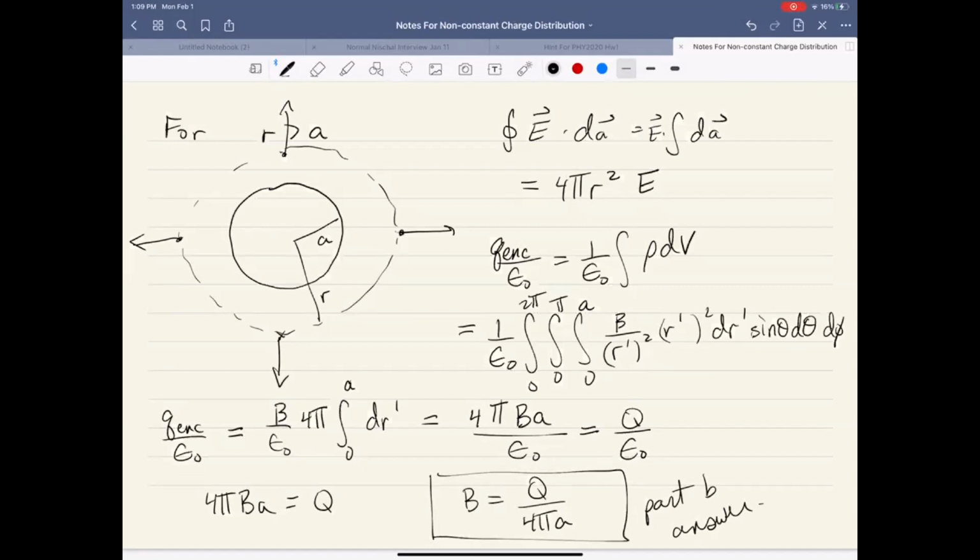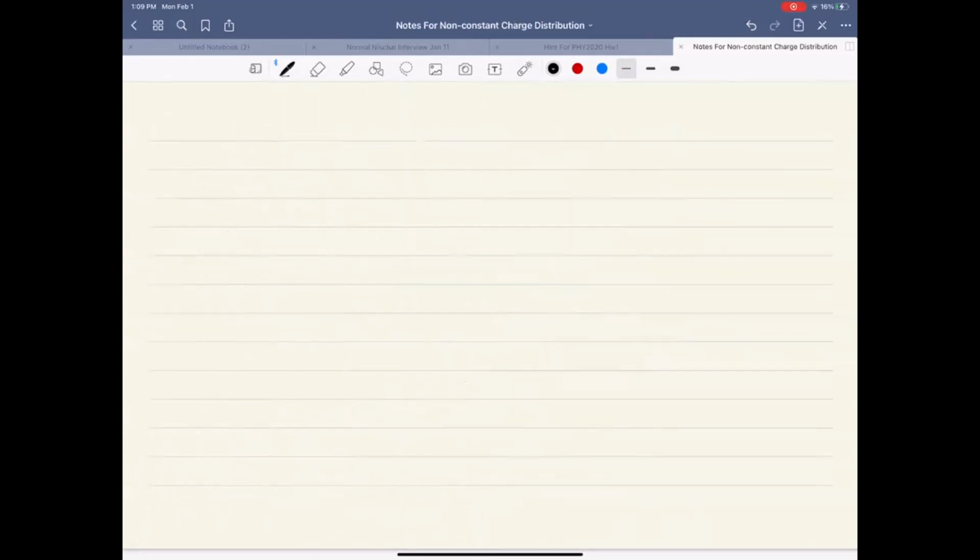Okay, but let's continue on in our journey to solve for the electric field everywhere. So if we set the left-hand side equal to the right-hand side, the integral of E dot dA equals Q enclosed over epsilon naught, our expression for E dot dA was 4 pi R squared E. And then that's equal to big Q over epsilon naught, isn't it? Right?